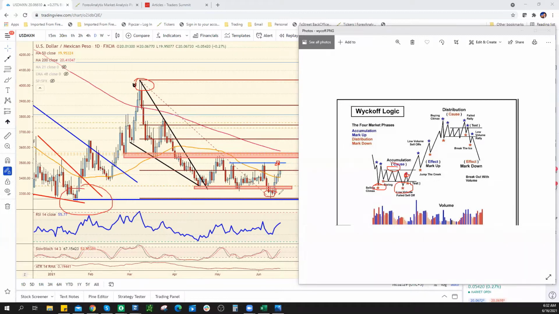So I think this is going to be right here. That's the way I'm looking at it. But that doesn't mean it's going to happen. That's why I'm approaching the dollar Mexican peso more on the bullish side from here.